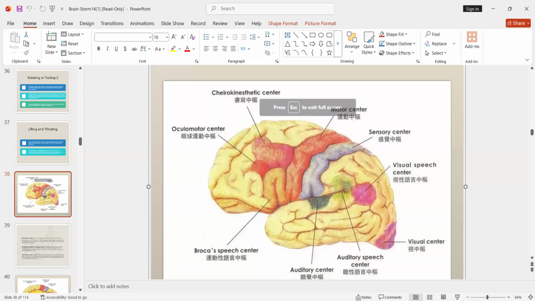The primary function of the motor cortex is to generate signals to direct the movement of the body. It is a part of the frontal lobe and is anterior to the central sulcus. It consists of the primary motor cortex and the supplementary motor area.